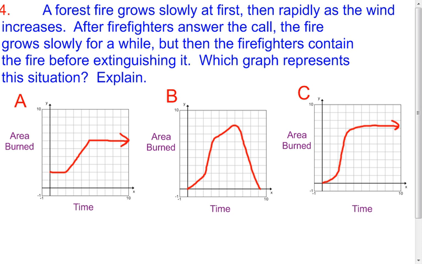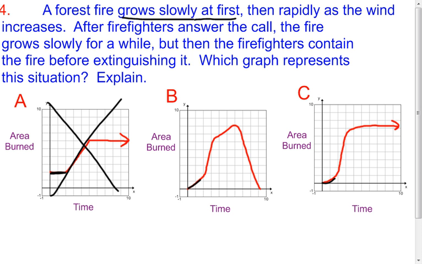If we look at this graph over here, the area that is burned is not growing at all. It is remaining constant. And it says right here that it grows slowly at first. So the area that's burned should be growing slowly at first. It is growing slowly at first here, and it's also growing slowly at first here. But it is not growing slowly at first there.